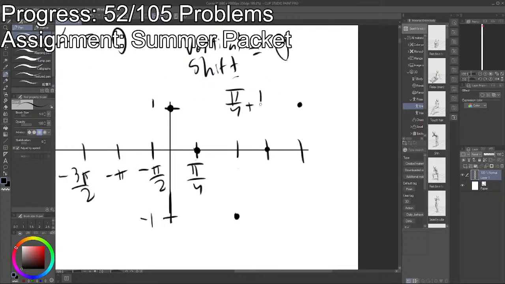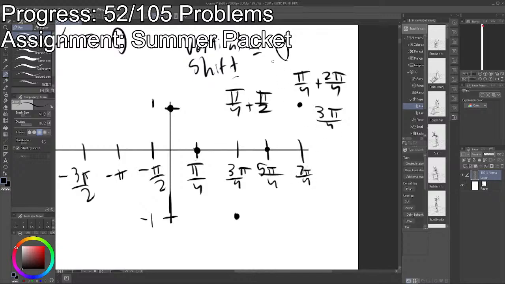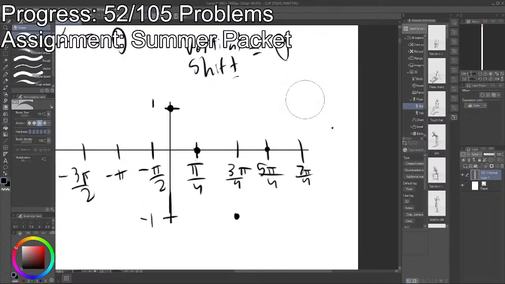Okay. Three pi over 4. And if I added that again, it would be 5 pi over 4, and then 7 pi over 4. I think. Yeah, because it's in increments of pi half.